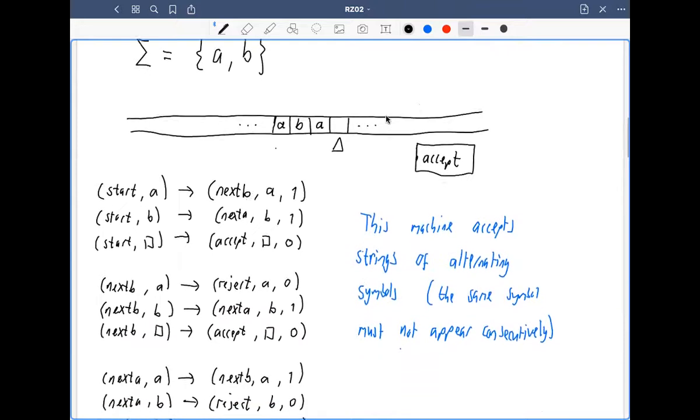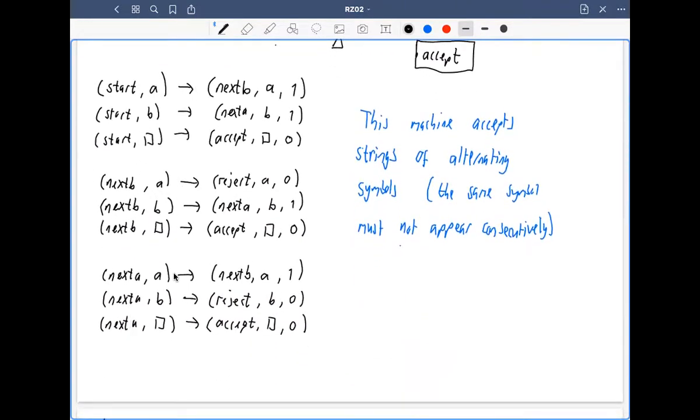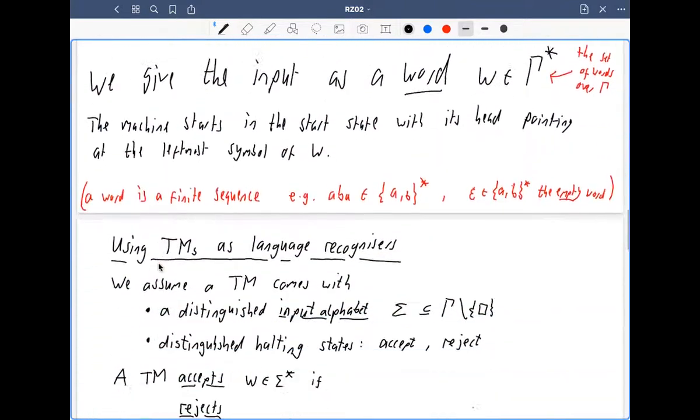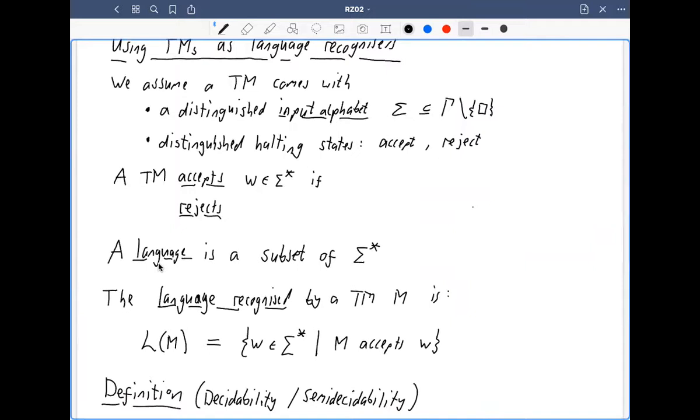And what that means is we don't have any transitions coming out of those two states. Okay, when we have a halting state, we don't have transitions coming out of those states. So we're particularly interested in machines in which, in addition to the tape alphabet, the set of states, and the transition function, we also have a distinguished input alphabet, and we have these two particular halting states, accept and reject.